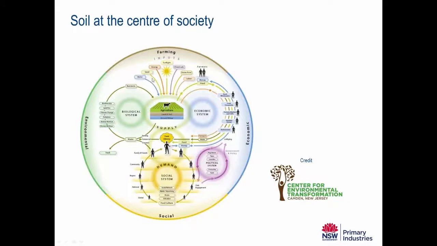Now we've got farming here, which drives economic systems, which drives demand for food and population, which also has another function of our political system. So really, without going into this slide in too much detail because we don't have time, I just wanted to stress here that again, soil is right at the heart of an active functioning society.